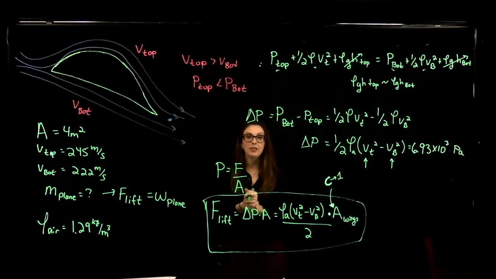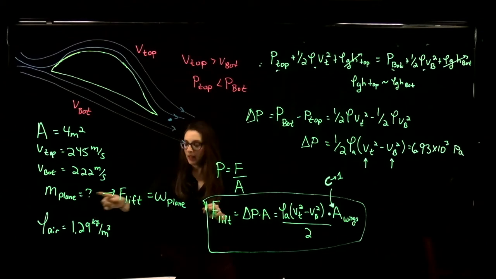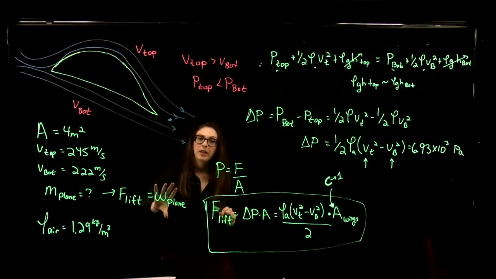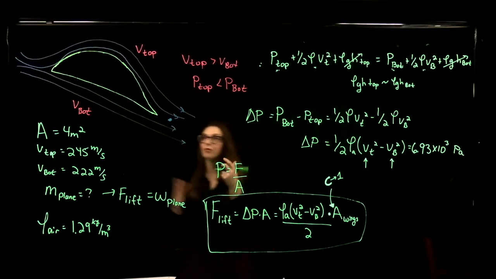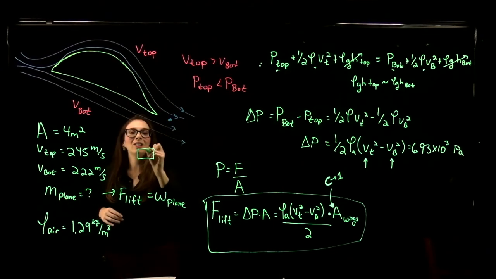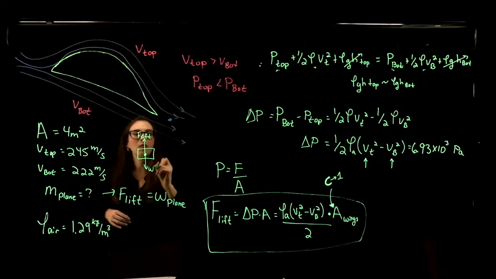After deriving our lift equation, we still need to figure out what is the mass of the plane such that the lift on the plane will support the plane's weight, okay? So if we draw a free body diagram of the system, we've got our plane right here. We have to have the lift exactly equal the weight of our plane.